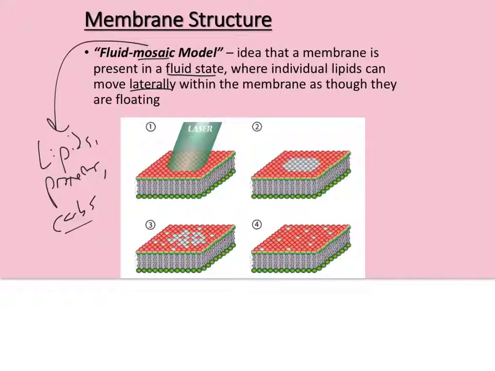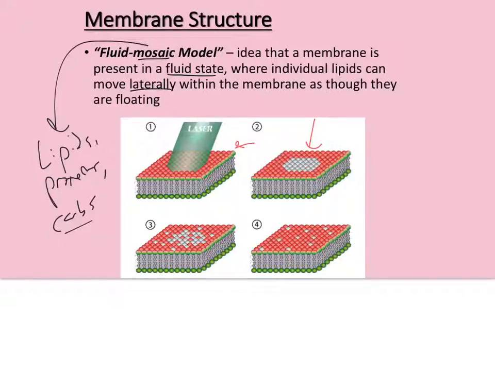Now this illustration is showing you a famous experiment where scientists took a cell membrane. They artificially colored the outside of that membrane, so that's why this is pink on top. Then they used a laser to bleach away that color, right, to get rid of the color. So they ended up with an image like this.